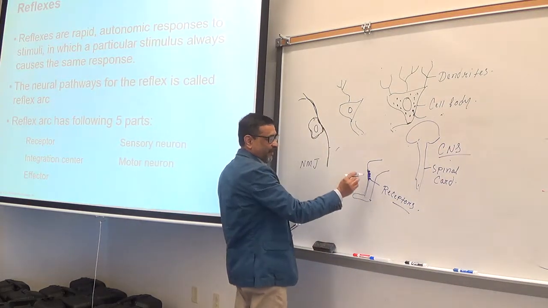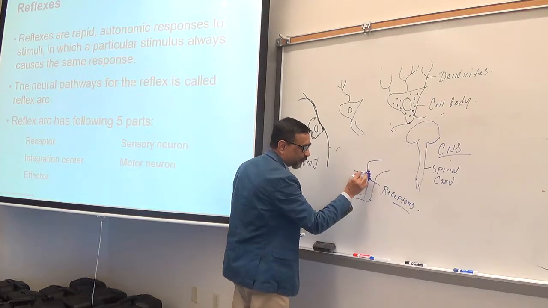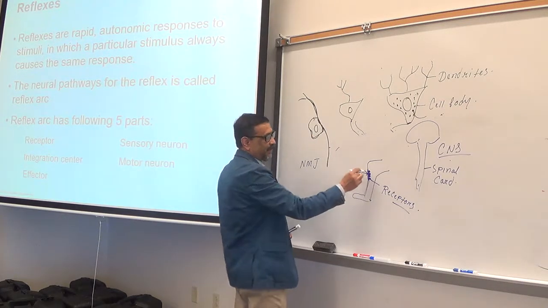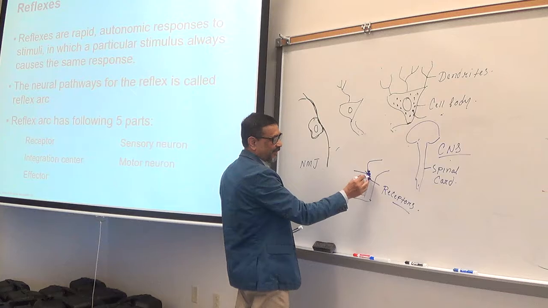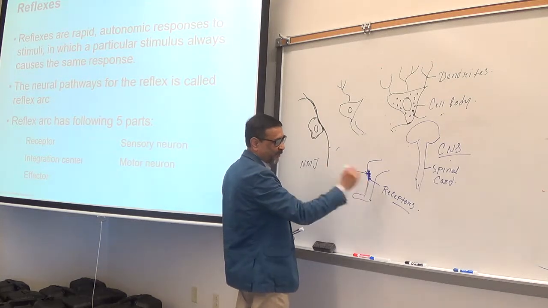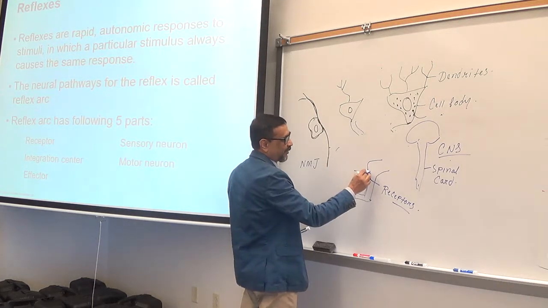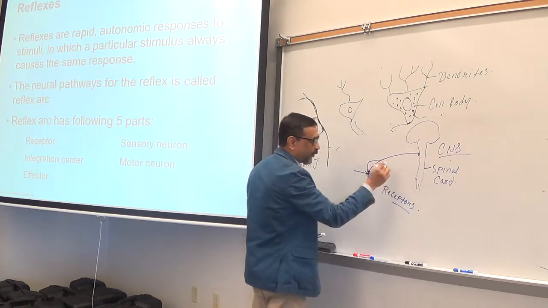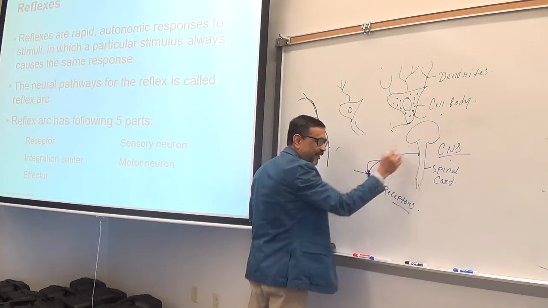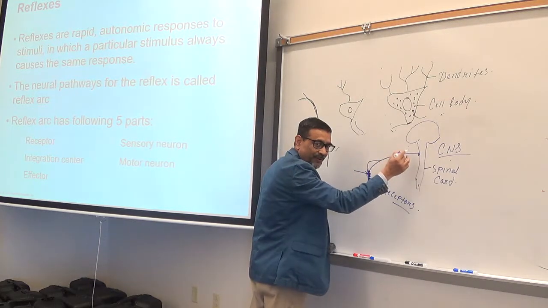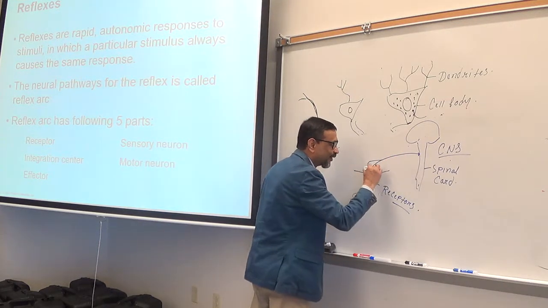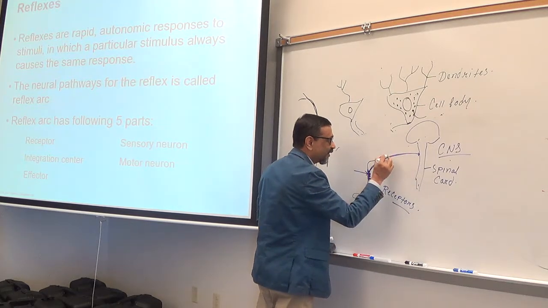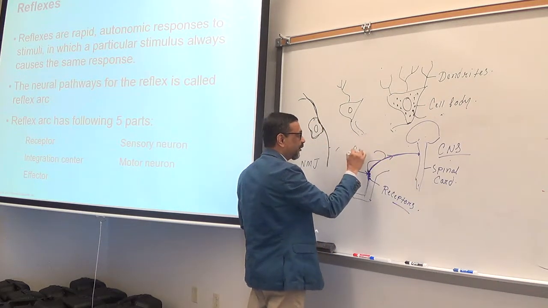What happens when I hit here with a hammer? These receptors get activated by that pressure and send a signal to the spinal cord. Now you tell me, going towards the central nervous system, is that sensory input or motor output? Sensory input, right? So this is a sensory nerve.